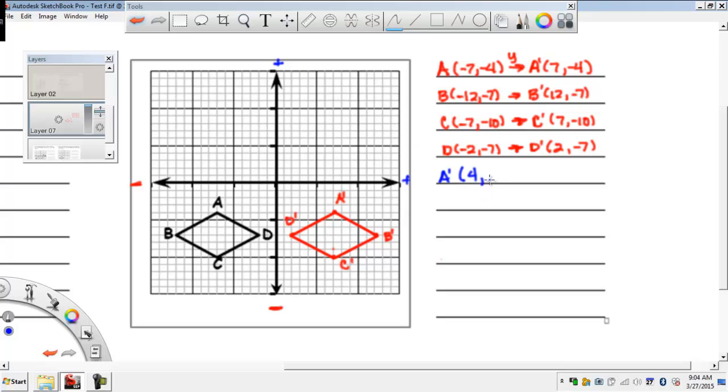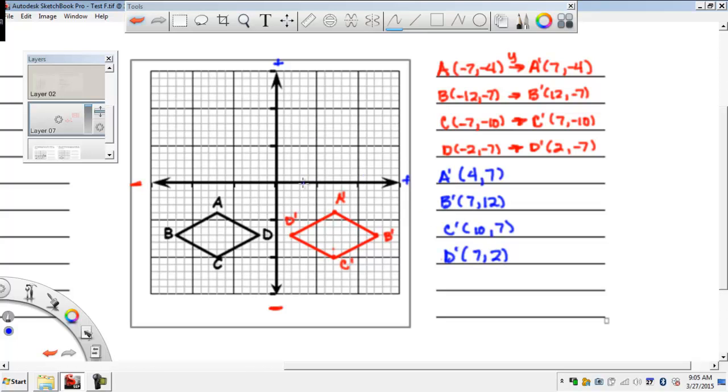So this means that A prime will become 4 and 7. B prime will become 7 and 12. C prime, remember they switch, so 10 and a positive 7. And then D prime will become 7 and 2.